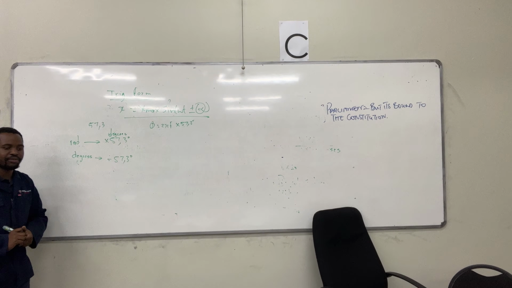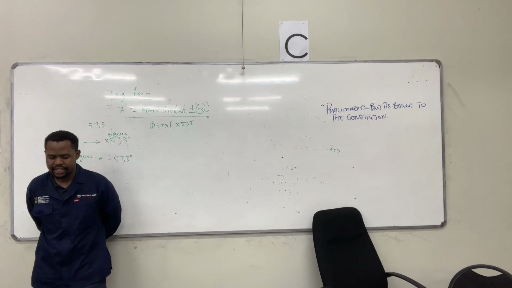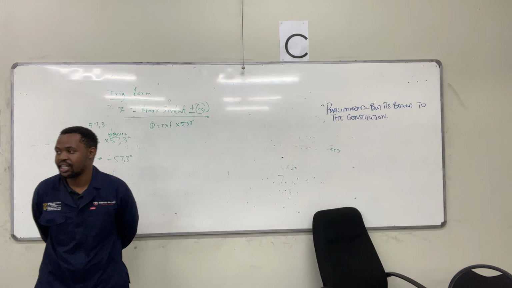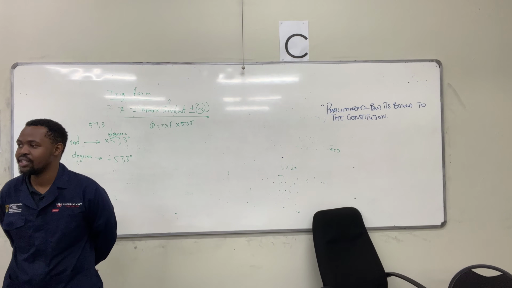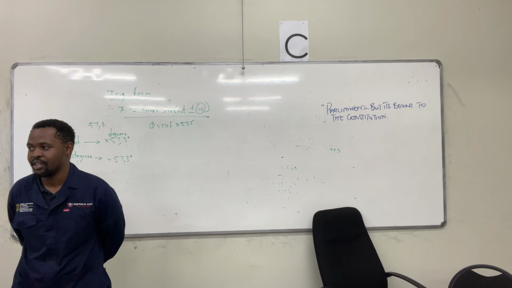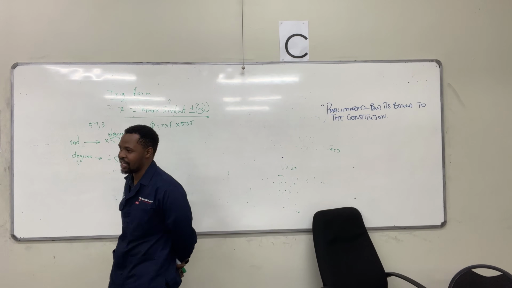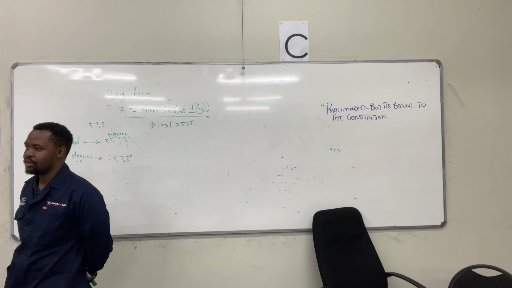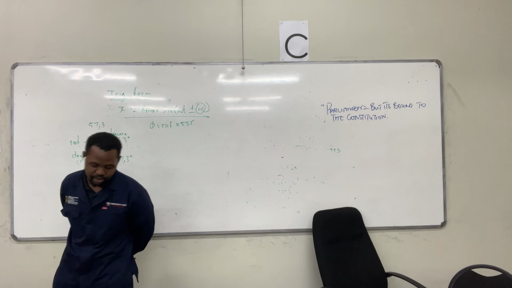The reason I don't prefer you putting your calculator in radians is that sometimes you forget that your calculator is in radians. Then the calculations come out wrong. Your working was right, but your calculator is failing you because you forgot to change it back to degrees.